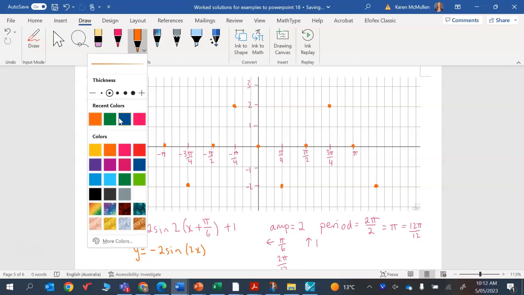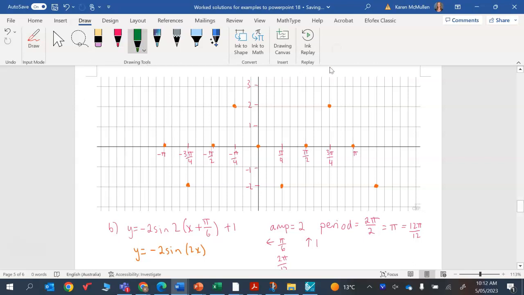All right, so let's do our translations. We're just going to do dots again. You can do both translations in one go, but I'm just going to do them separately. So I'm going to do the vertical translation and then the horizontal translation. Our vertical translation, we've gone up 1, so I'm going to do that in green. I'm just going to move that orange dot up 1.